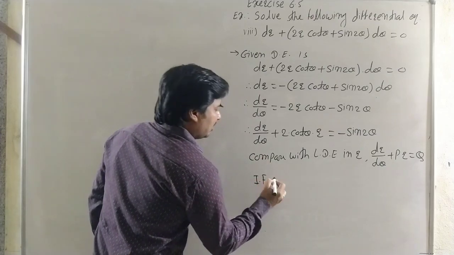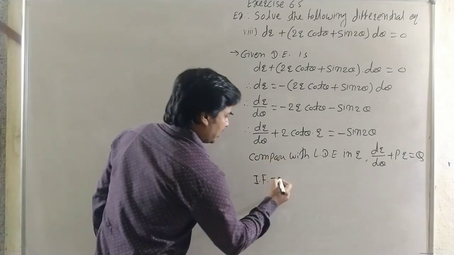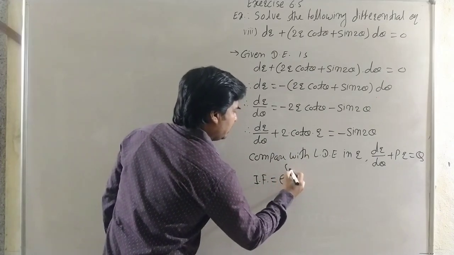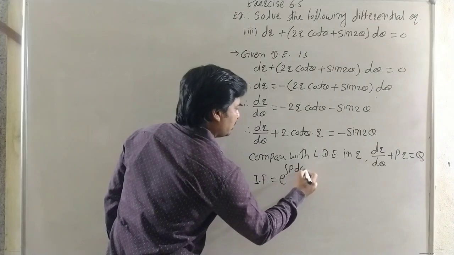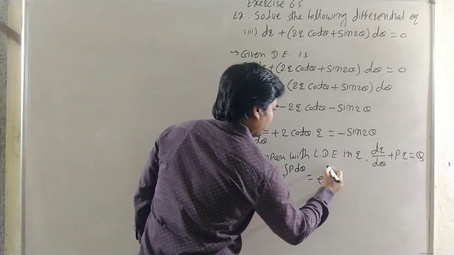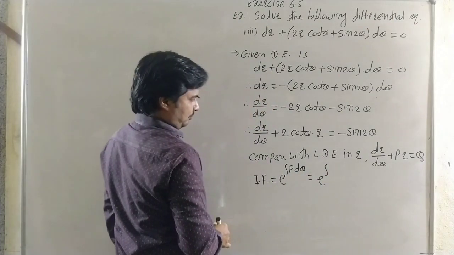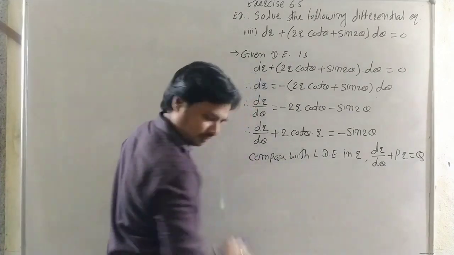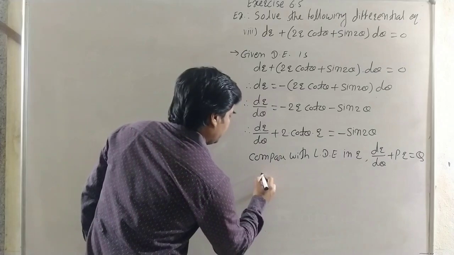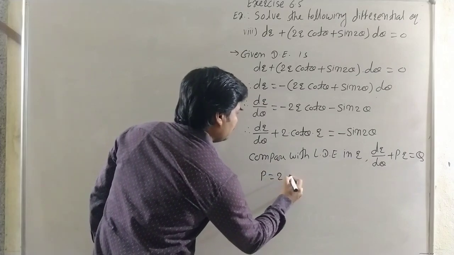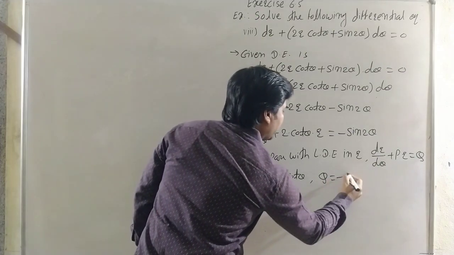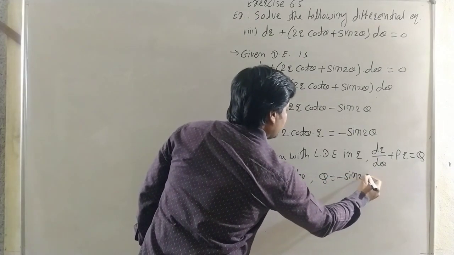Sorry, first we write P and Q. Here P is 2 cot theta, and Q is minus sin 2 theta.